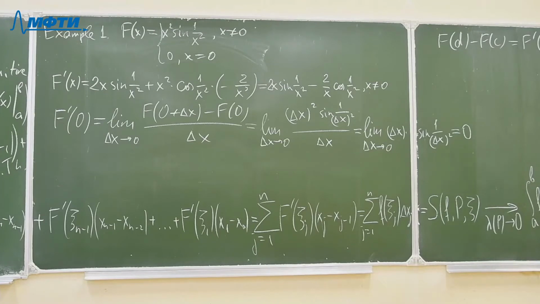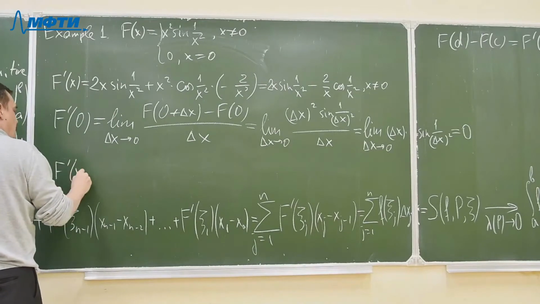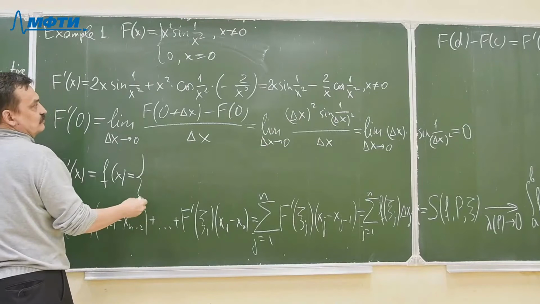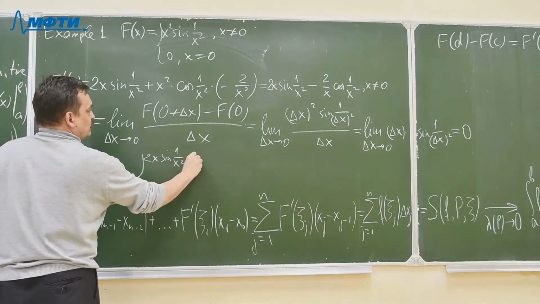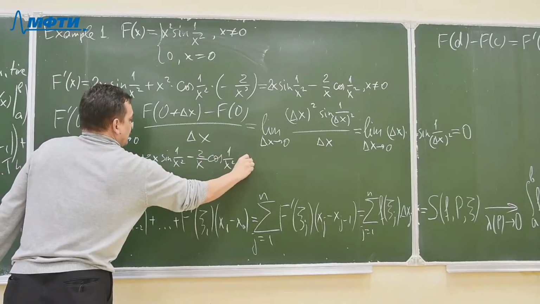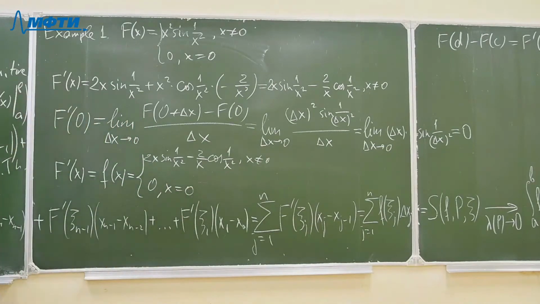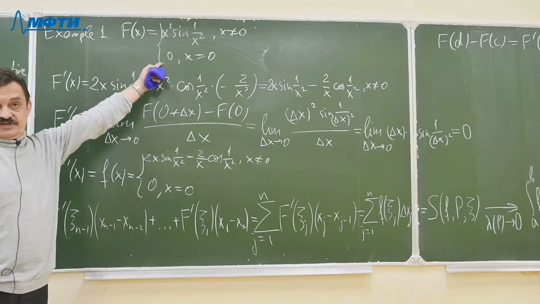So it means we have F prime of x equals little f of x, let me collect everything we computed up to now: the expression above for x not equal to 0, and 0 if x equals 0. So we have a function little f that has a primitive capital F, right?